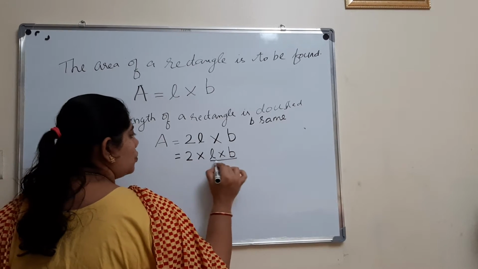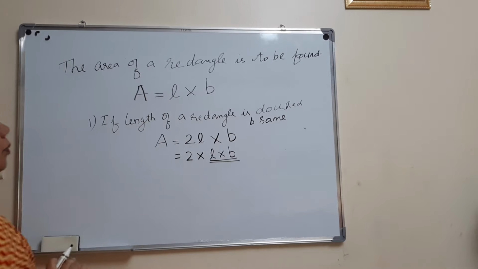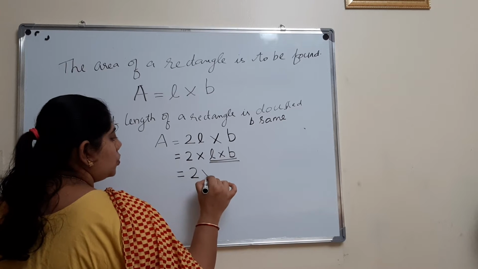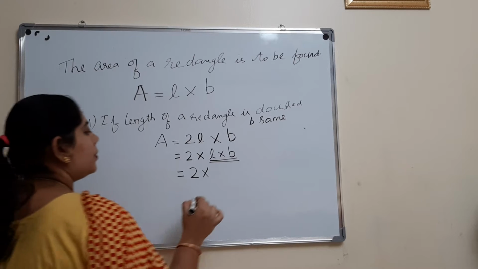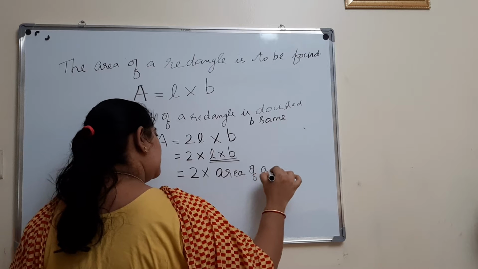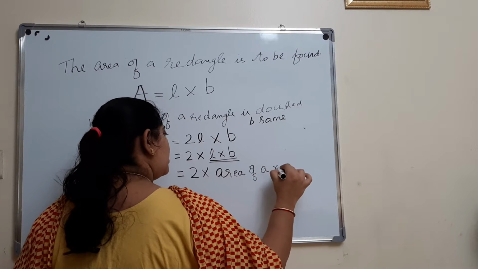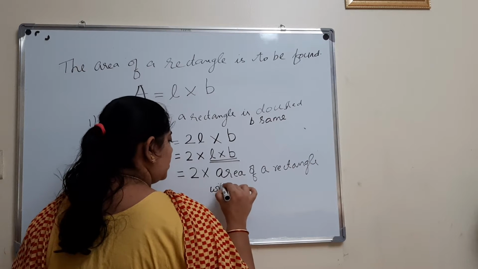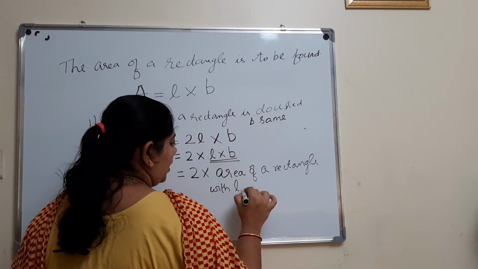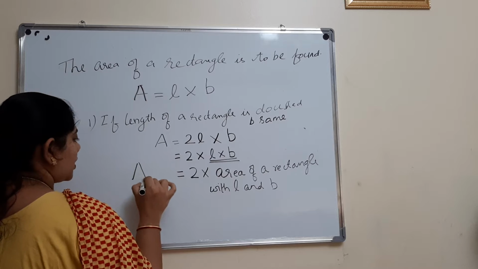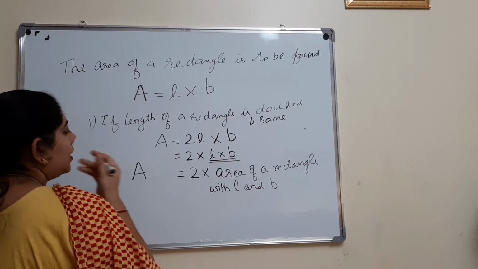So L into B is what? Before the length is doubled. So now I can write like 2 times the area of a rectangle with length as L and breadth as B is the area of a rectangle when the length is doubled.